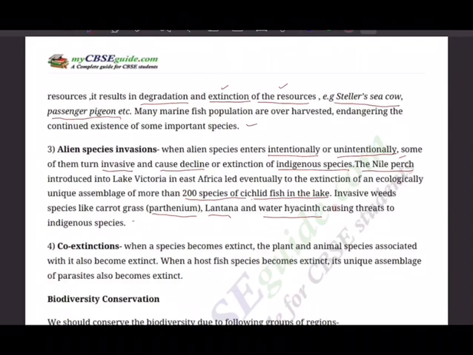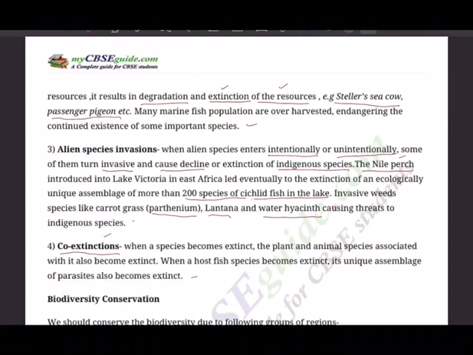And then we have what is called the fourth evil of the quartet, co-extinctions. When a species becomes extinct, the plant and animal species associated with it also become extinct. When a host fish species becomes extinct, its unique assemblage of parasites also becomes extinct.